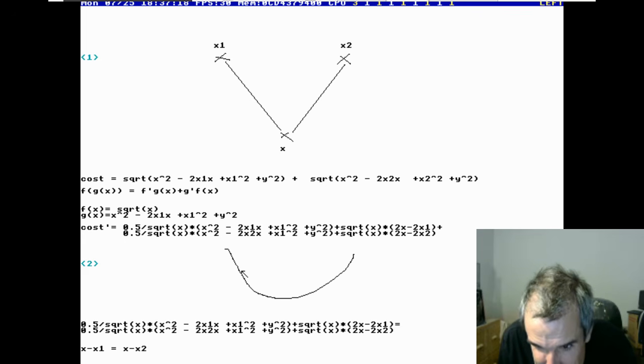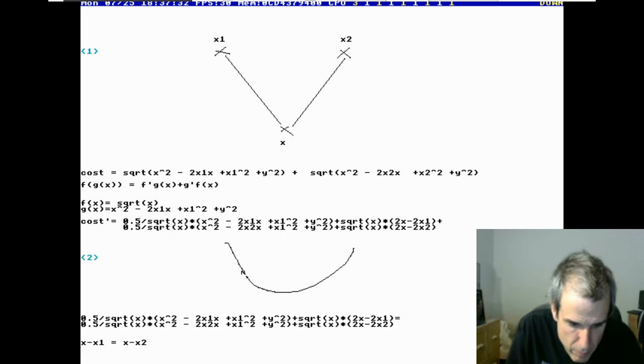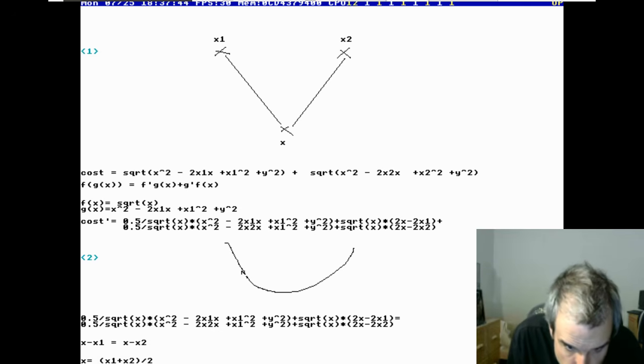We're really close. 2x. I bet what we want is x equals x1 plus x2 divided by 2. I think that's what we want.